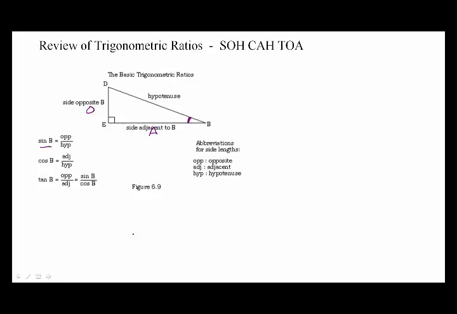And the longest one, the one that's opposite the 90 degrees, is always the hypotenuse. What if I didn't want angle B, though? What if I wanted angle D? What if that was the angle I was looking at? That's now the adjacent. That's now the opposite, but that one remains the hypotenuse no matter what, because it's opposite to 90.